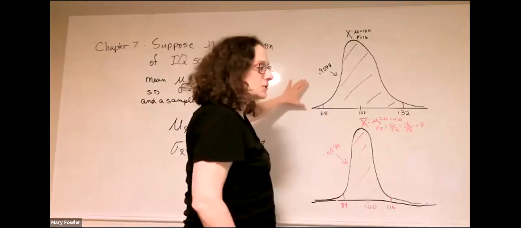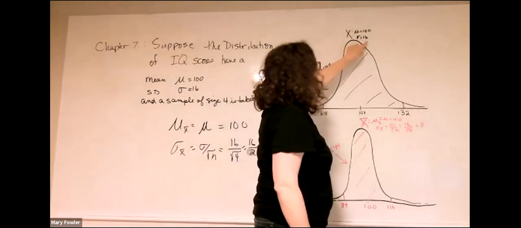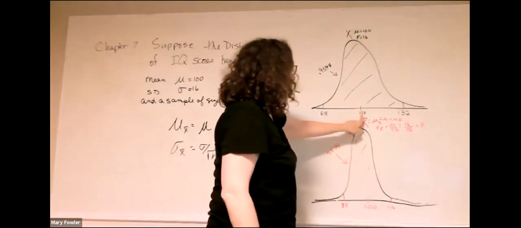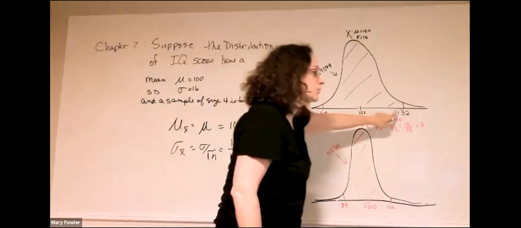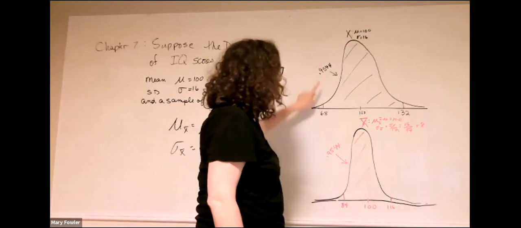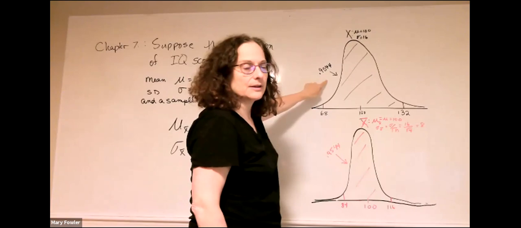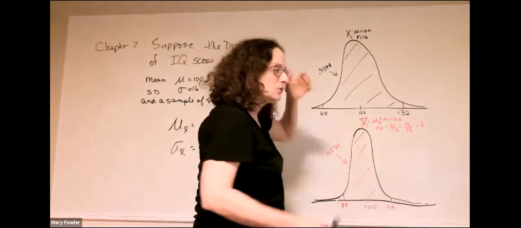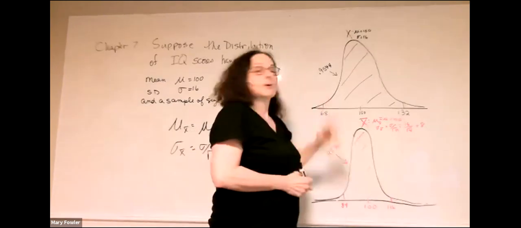So I drew some pictures of that over here. The parent population's up here and it has the mean of 100 and the standard deviation of 16. And we see that it looks like this. I just chose the 2 standard deviation interval here just to indicate that result and that the area within the 2 standard deviation interval is 0.9544.